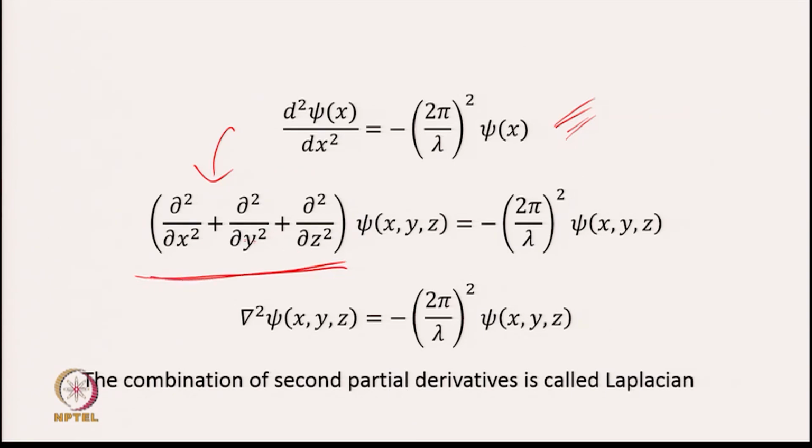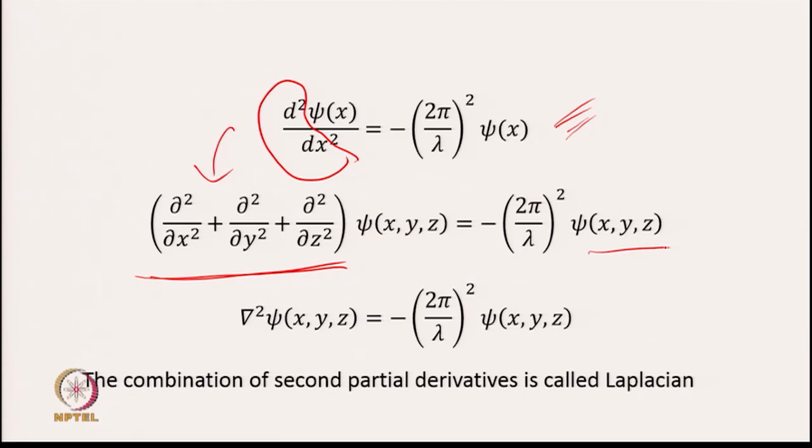So, you will write del square by del x square plus del square by del y square plus del square by del z square in place of d square by dx square, and now psi is a function of x, y, z. It is the same equation, just written in 3 dimensions.